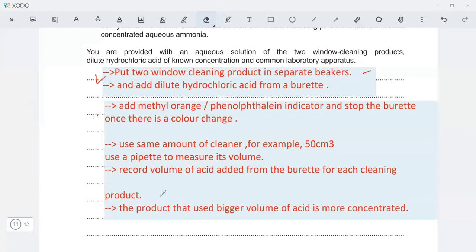Use the same amount of cleaner, for example 50 cm cubed, and use a pipette to measure its volume. Then record the volume of acid added from the burette for each cleaning product. And the final step, the product that uses the bigger volume of acid is the more concentrated. This is the procedure you are supposed to follow. Very simple method. I hope you got it.